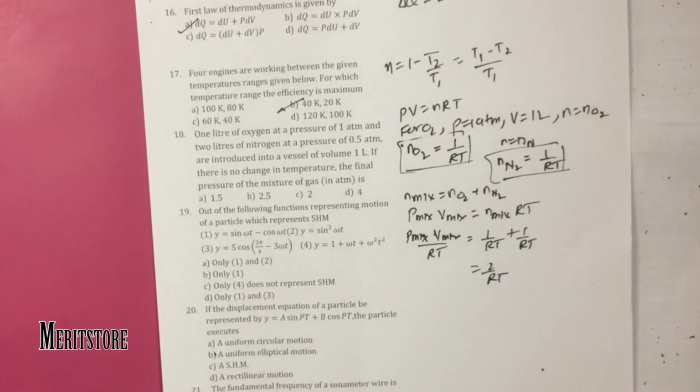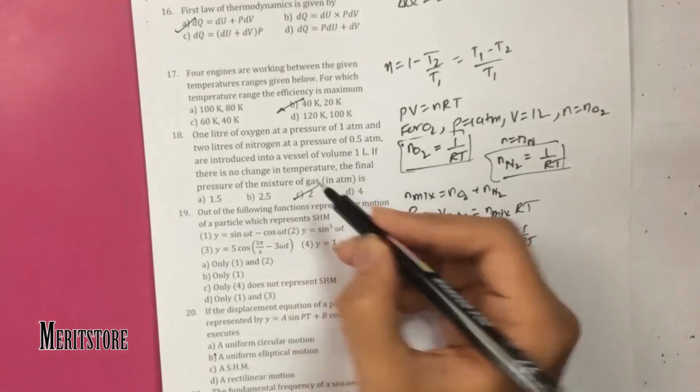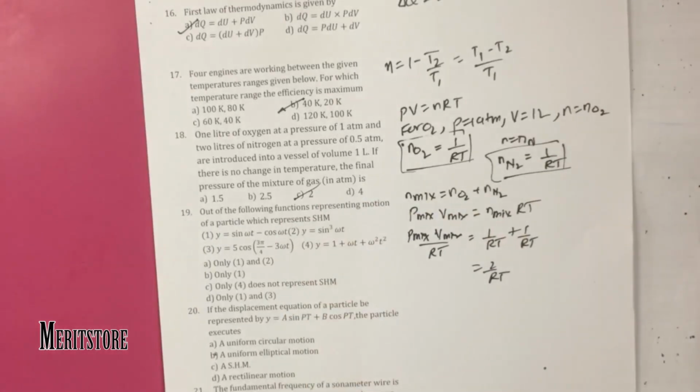So I would have pressure of mixture times volume of mixture equal to 2. Since the question asks for the final pressure if there is no change in temperature, and the volume of the mixture is 1 liter, the pressure would become 2 atmospheres. Question 19.